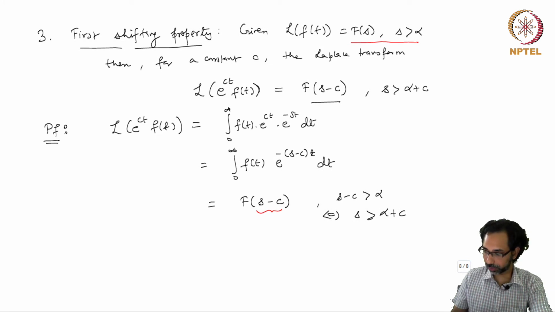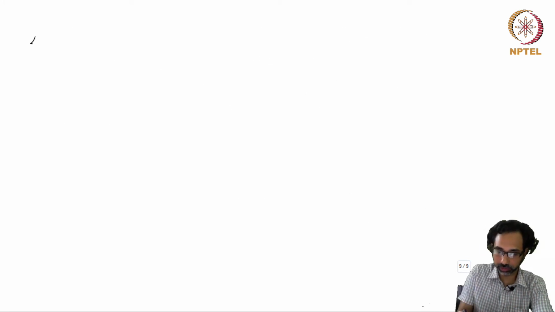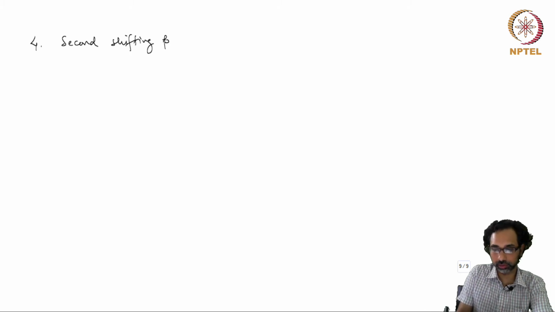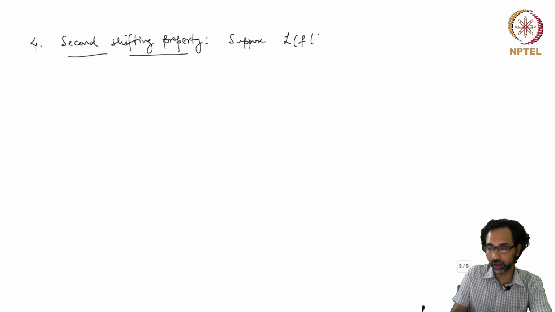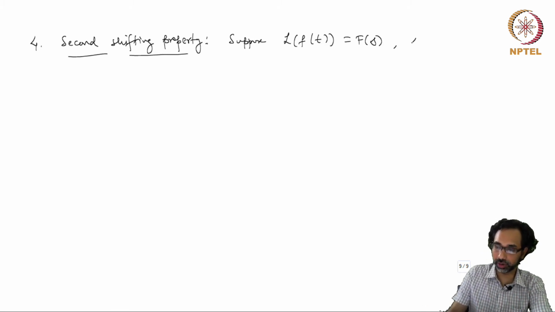The second shifting property is given as follows. Suppose again that the Laplace transform of f(t) is given by F(s) for s greater than alpha.